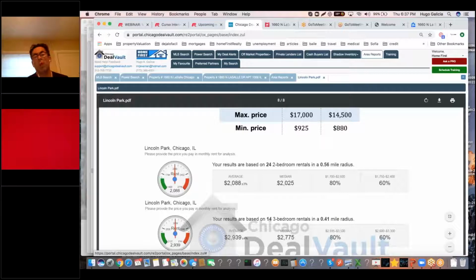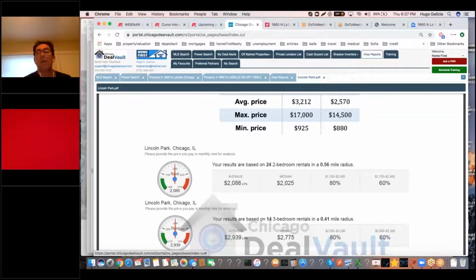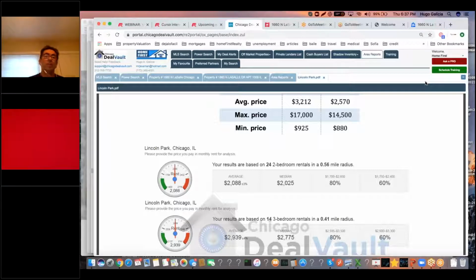The reason why buy and hold may not make sense in these areas is because when you buy a condo, you have to pay HOA or association fees. Typically in these high rises, it is quite expensive. So that's where your cash flow is going to go. For the most part, these properties do not cash flow. They're not the best for buy and hold. These are great for flips.